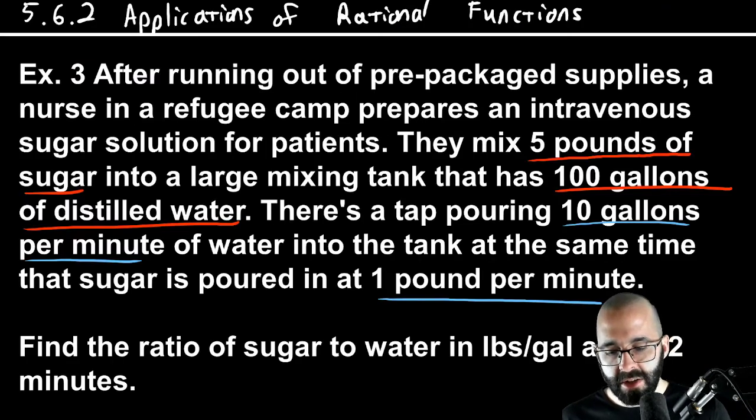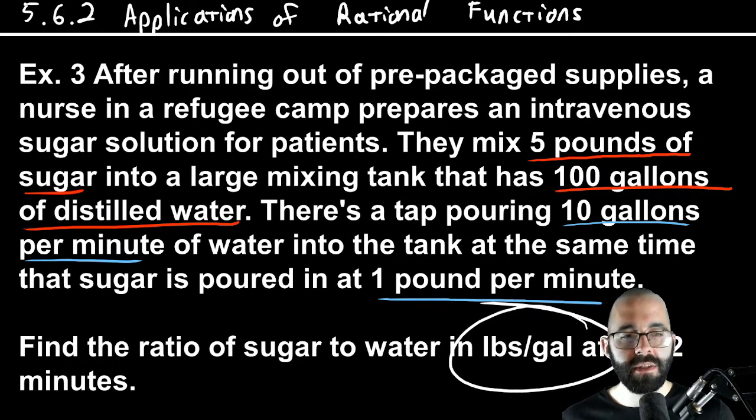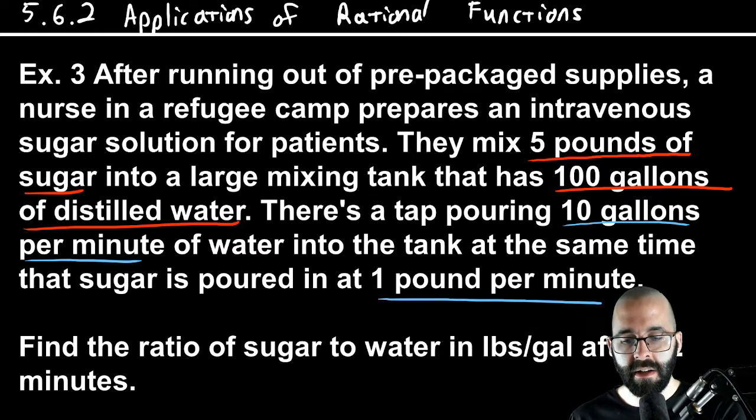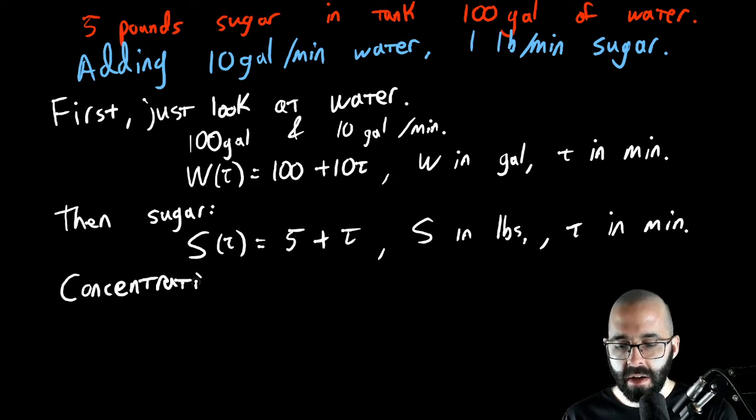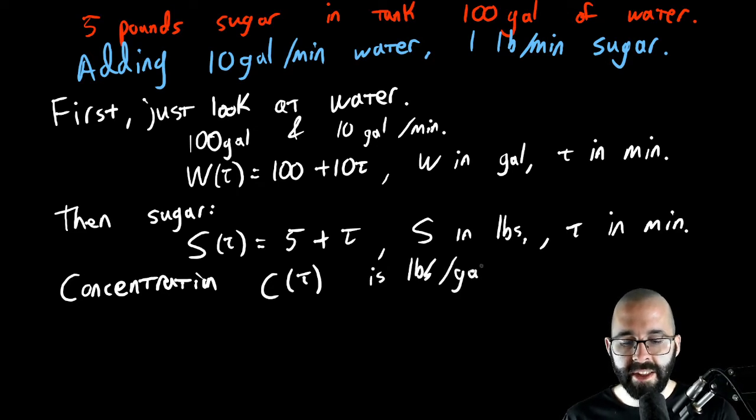So it wants us to look at the ratio of sugar to water in pounds per gallon. So pounds per gallon, this concentration, let's call it C of t, is in pounds per gallon. That's sugar divided by water. What's sugar?